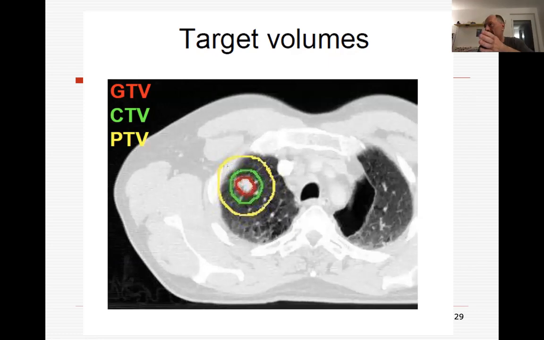I mean, of course, you will have a kind of decrease, but the message is that that is the target. But keep in mind that going from the GTV to the PTV, you are irradiating normal tissue, essentially. And this means that you will have toxicity. So if you increase your margins to have more confidence, you will pay for this increase in terms of increased toxicity.